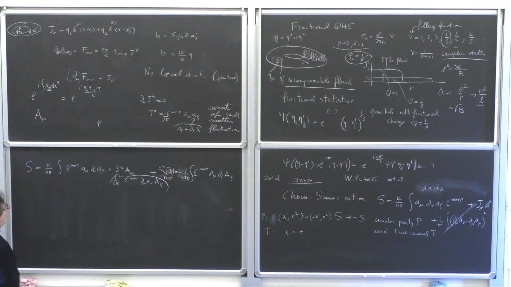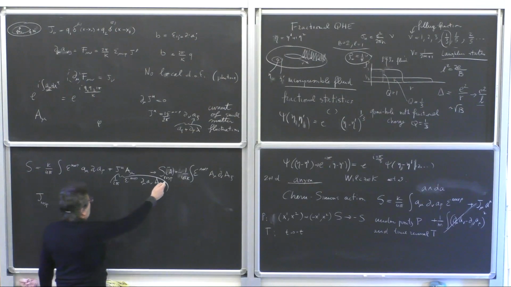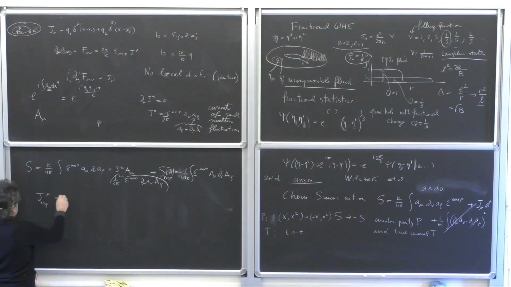And so what I will get is the induced current, a different current, or response current. The effect of this perturbation by the field A is, by definition, the variation of the action with respect to A mu.